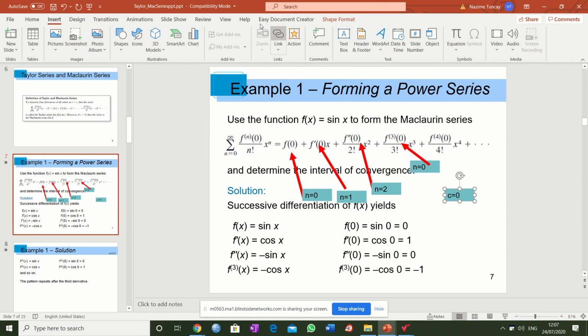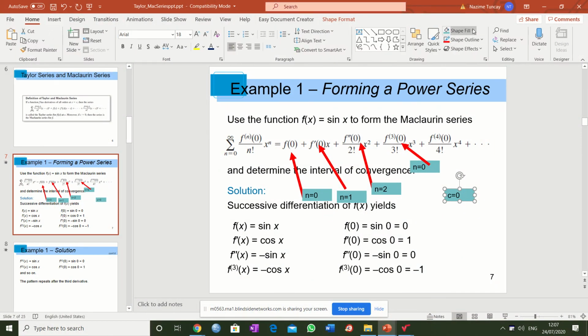Therefore, we have f(0), the first derivative of f at 0, the second derivative of f at 0. For all of these, c equals 0, and we write everything in terms of 0.